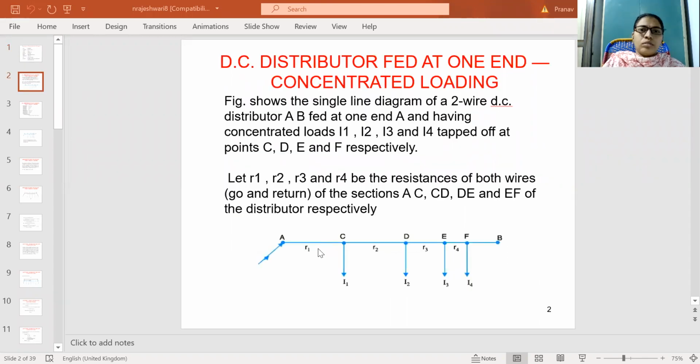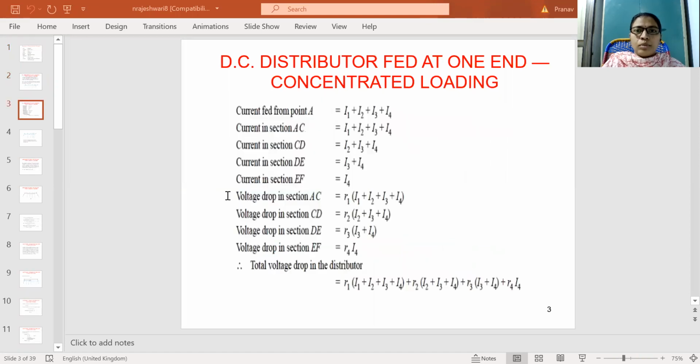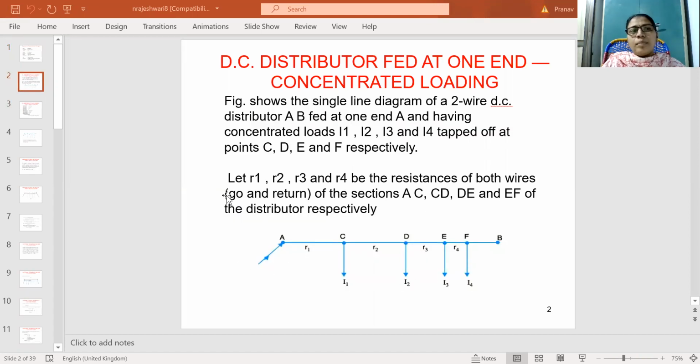Before starting the class, in the last classes I discussed AC distributors fed at one end with concentrated loading, and calculation on AC distributors fed at one end, both ends, and also the midpoint of the distributor.